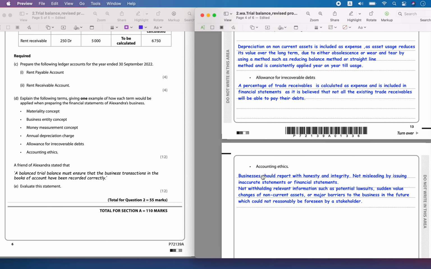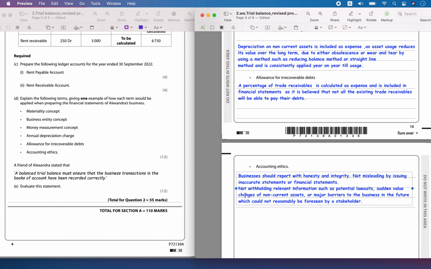Then accounting ethics. It states that the business should report any information, for example, any lawsuits, any changes in the non-current assets, any barriers to the business in the future, all with honesty and integrity.